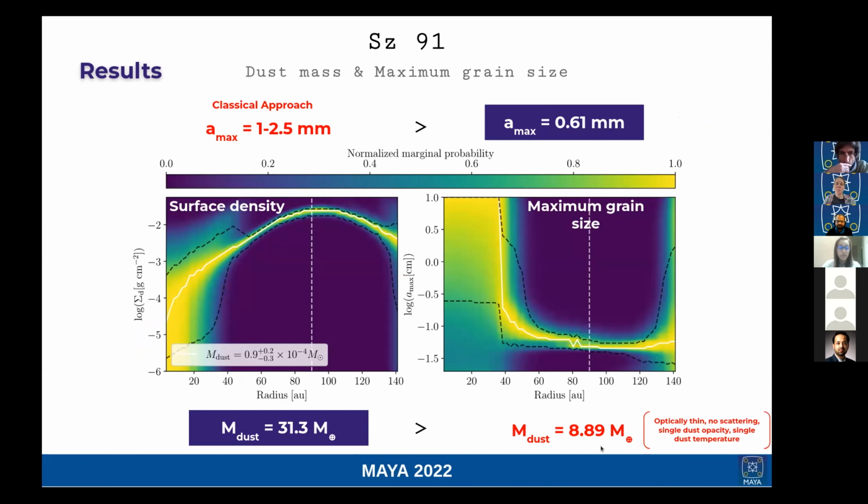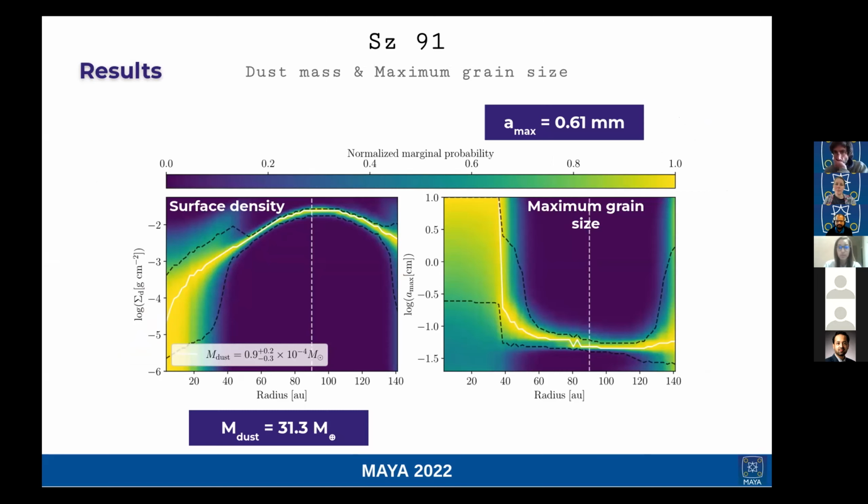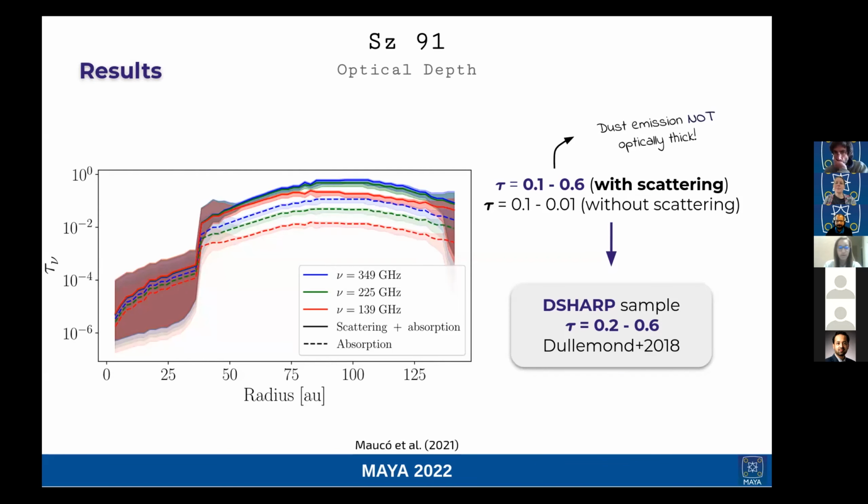So you have to be very careful when you assume that the emission is totally optically thin, because you will underestimate the dust mass in the system. That is why it's very important to include optical depth and also scattering effects, which will lower the emission of the system, in order to properly characterize the source.